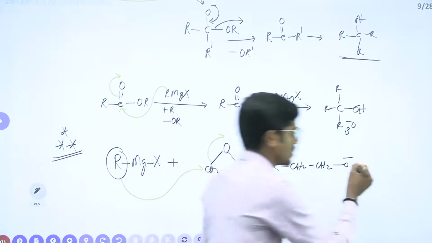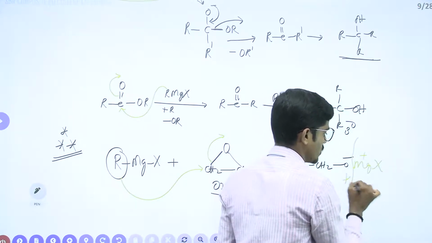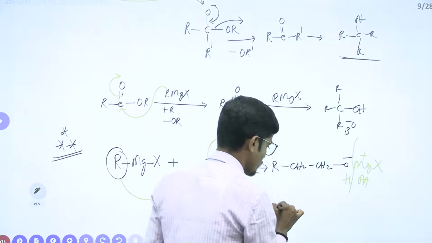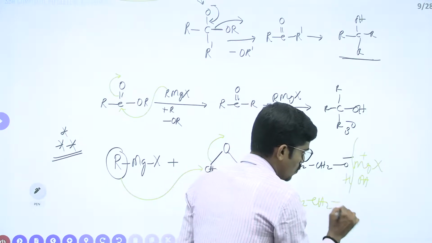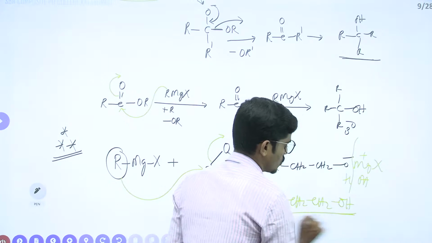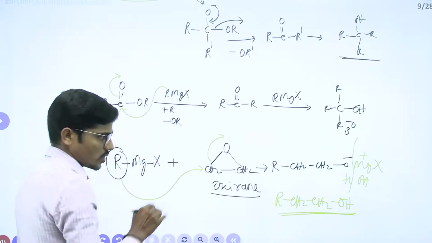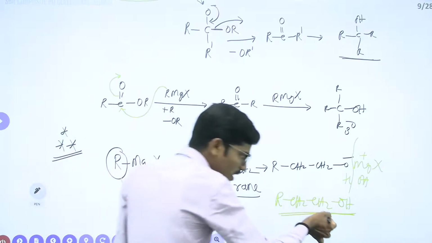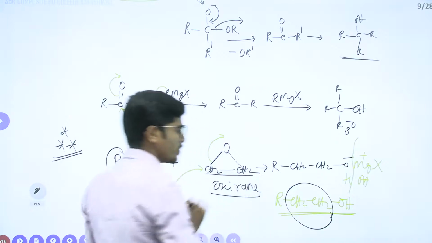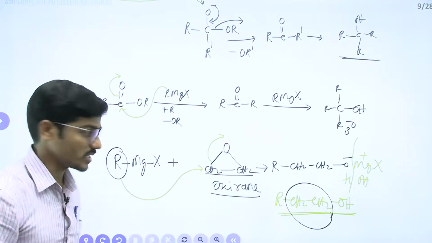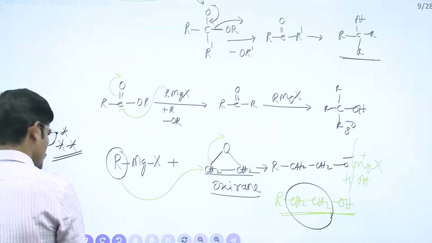The remaining part of the Grignard reagent attacks this, and upon hydrolysis this gives the product RCH2CH2OH. Look at this. On the reactant side, to increase the number of carbon atoms, two carbon atoms are added, which come from the oxirane part. So two carbon atoms are increased in this case.